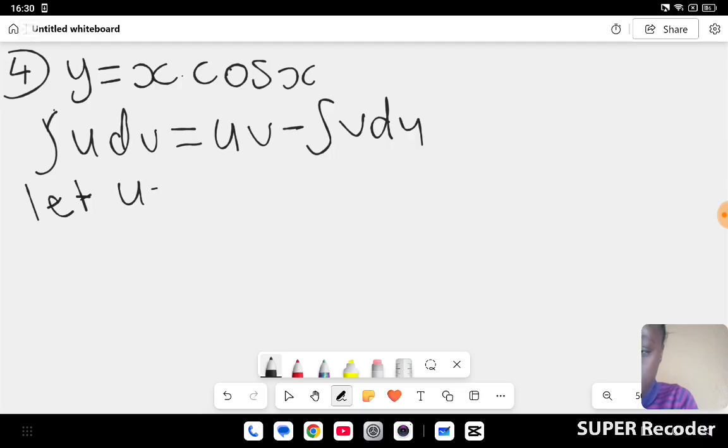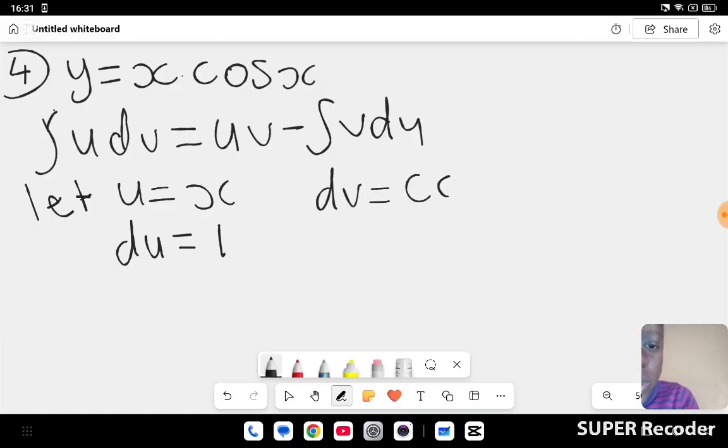So in this case, let u equal to x and du, because we are differentiating in this case, it's equal to 1. Then dv will be cos 3x. That's 3x here.